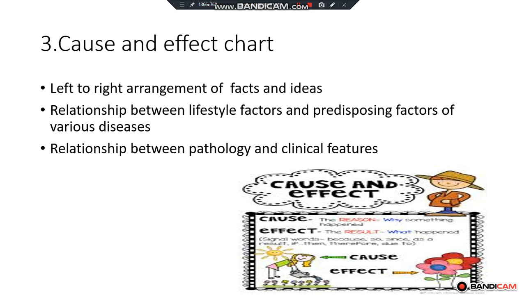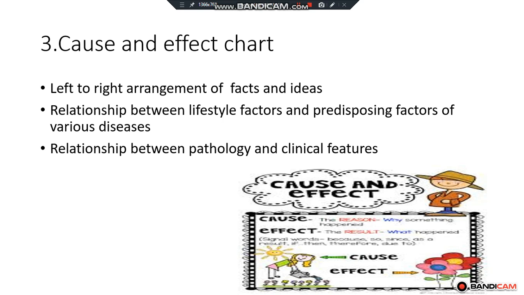Relationship between lifestyle factors and predisposing factors of various diseases. For that it is very good to show it in the form of this cause and effect chart. Showing on the left hand side the sedentary lifestyle pattern, like having junk foods, lack of exercise, sleeping late at night, watching TV and doing work, and not having any exercise at home, and ultimately as an effect you can show some diseases like DM, hypertension, cardiac disorders, obesity.